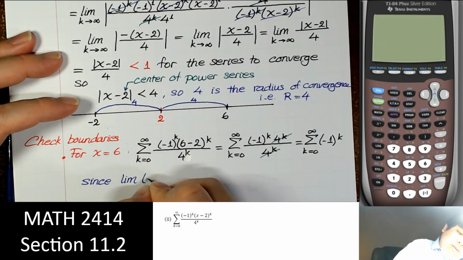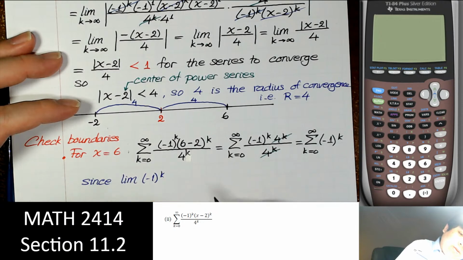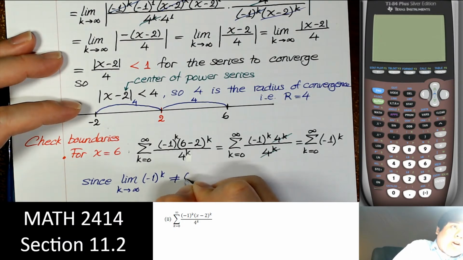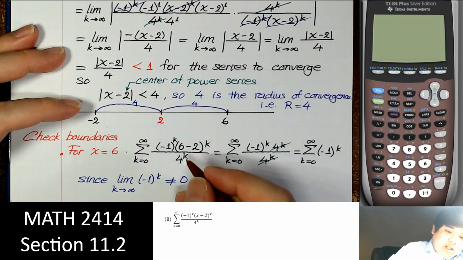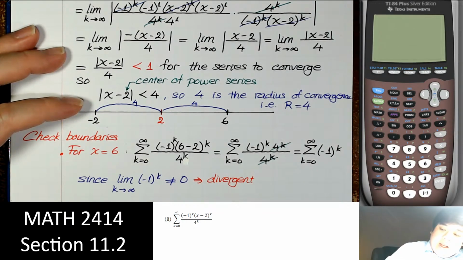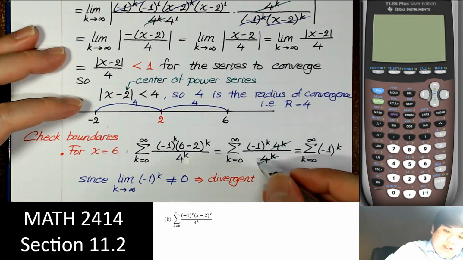Since the last term is not equal to 0, the series is divergent, and we use the divergent test.